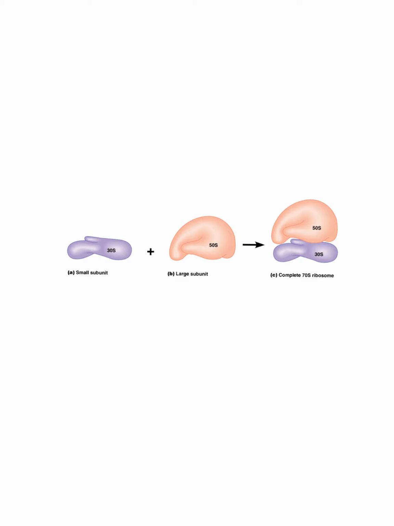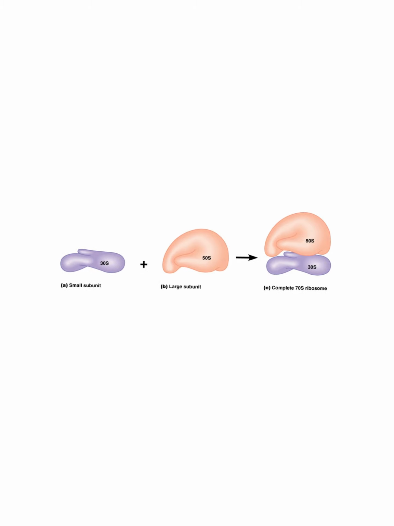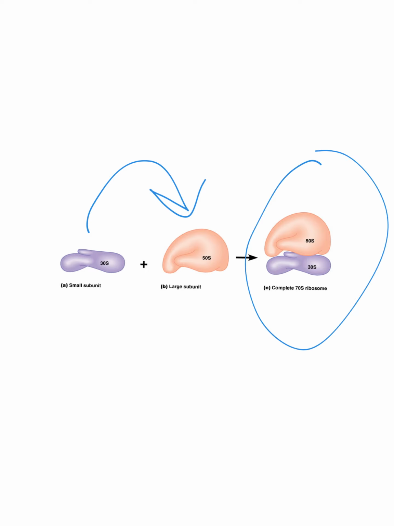Anyways, we've got these two subunits that need to link together. They come together to make this functional conformation. These two subunits in bacterial cells are small and large. The small one is called the 30S subunit, and the large one is the 50S. And they come together and they stay stationary on the surface of the endoplasmic reticulum.